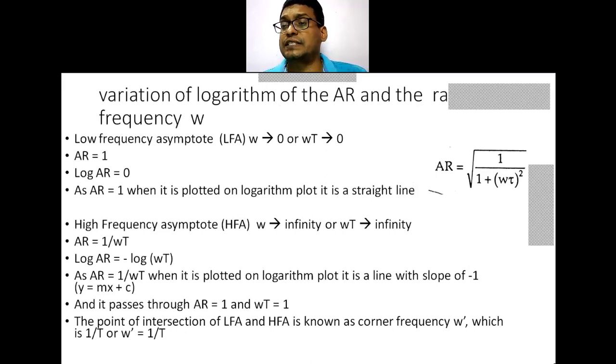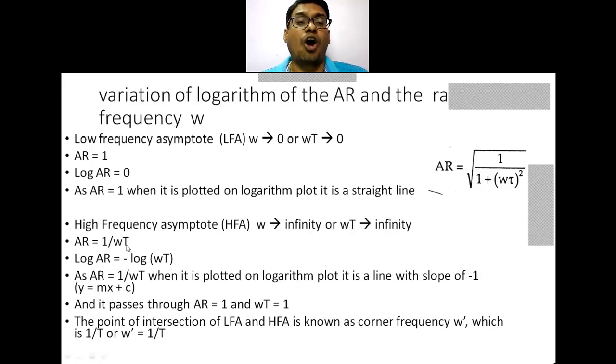Now if we substitute this value, omega tau tends towards infinity, and adding 1 to it makes it a negligible value. That is why I can write the amplitude ratio as the square root of 1 upon (omega tau) squared. Taking the square root, it becomes 1 upon omega tau. So the amplitude ratio I am writing as 1 upon omega tau.